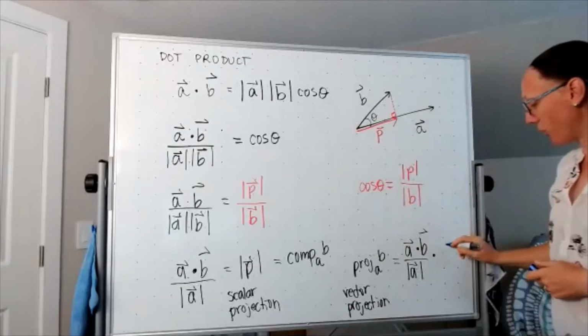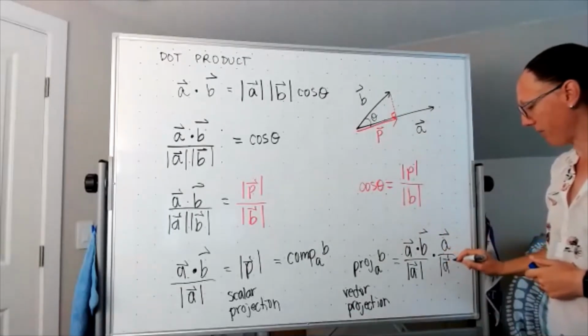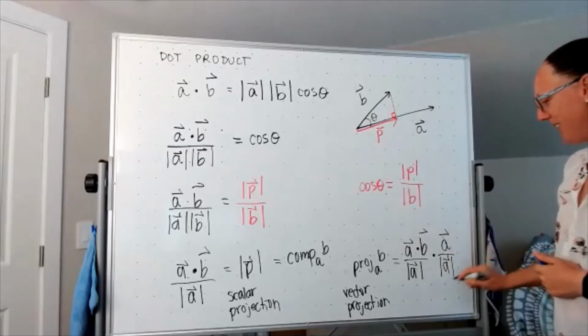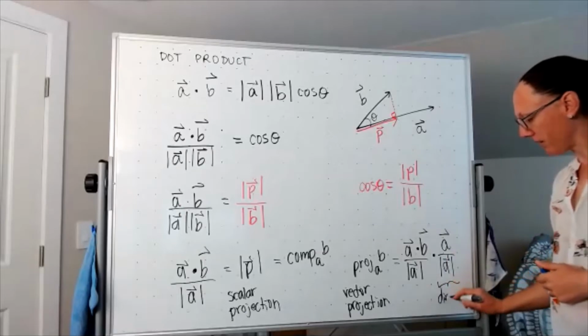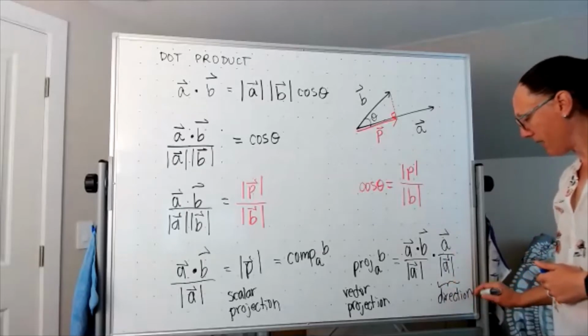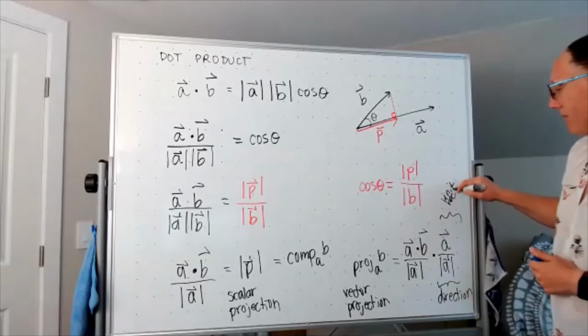So I'm going to take my unit vector of A, which is A divided by its magnitude. This part right here is our direction, and it comes from the unit vector of A.